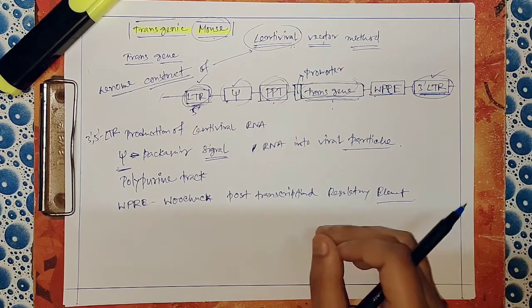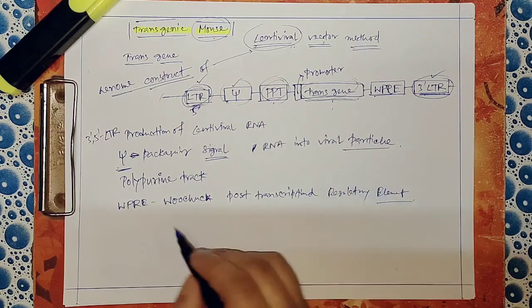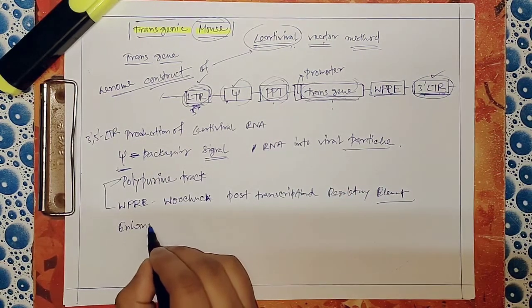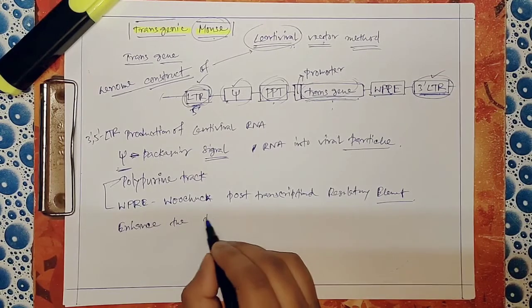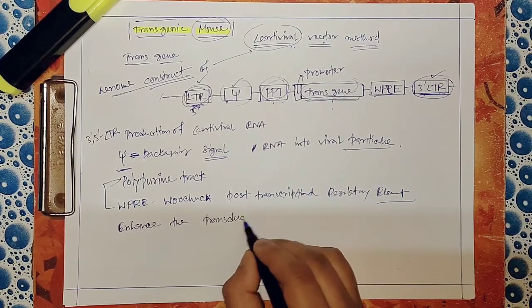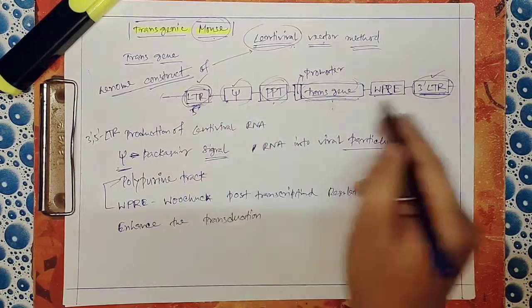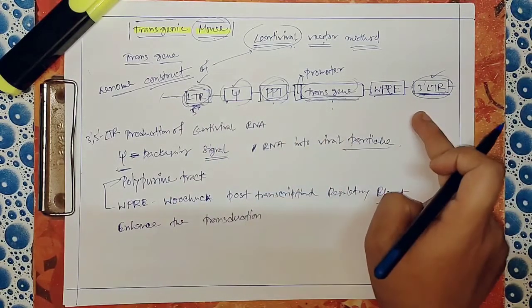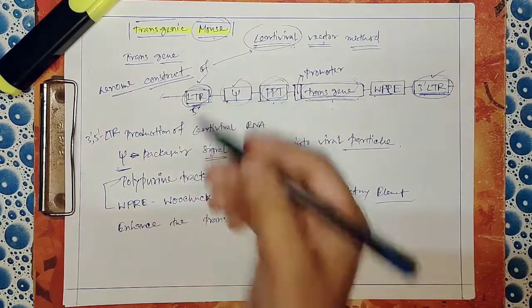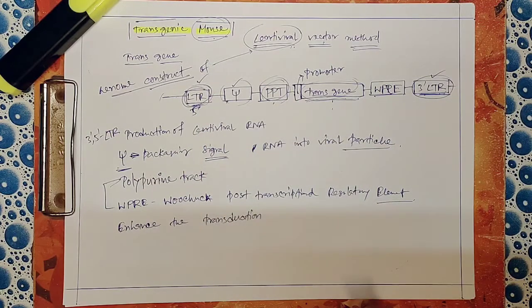These are the two terms that enhance the transduction, remember this. I hope you know the basics of transduction. Transduction means the entry of this lentiviral genome into the host, not directly into the mouse but into the individual cell.